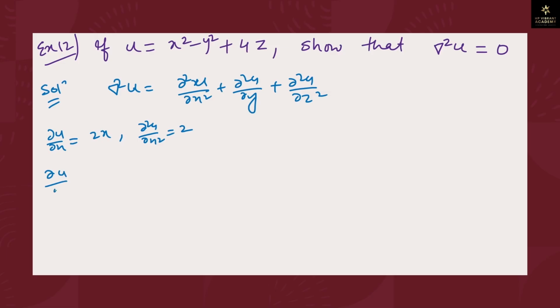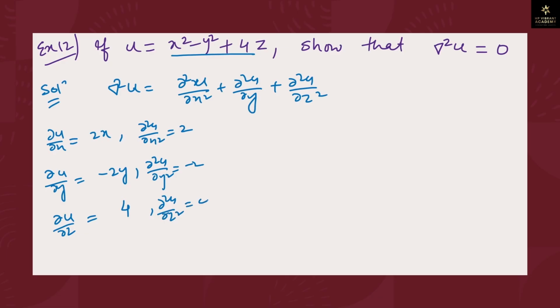Now del u upon del y is equal to minus 2y, taking differentiation with respect to y. So del 2 u upon del y square is equal to minus 2. Del u upon del z is equal to 4, and del 2 u upon del z square is equal to 0. So this is equal to 2 minus 2 plus 0 is equal to 0.